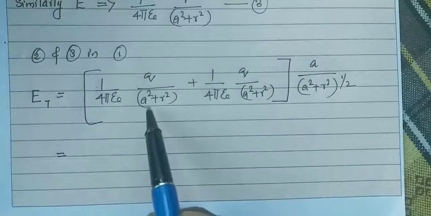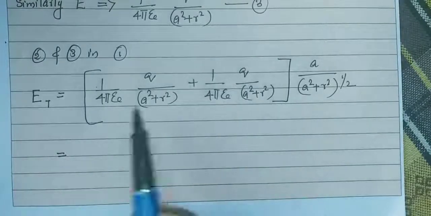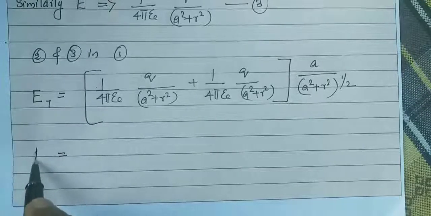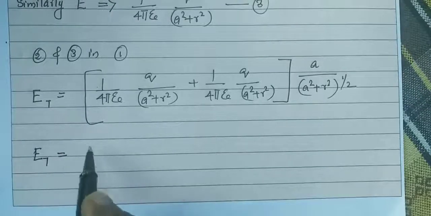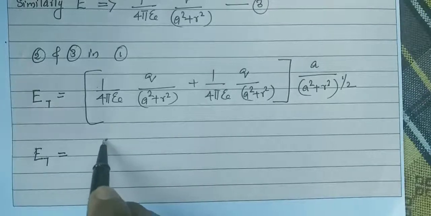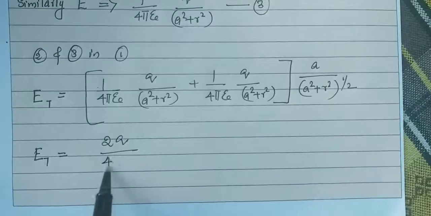So electric field total. Now you can see within the bracket both the terms are the same. Either you can write directly 2 times a single term, or separately also you can write, because you have another a divided by r square plus a square term.